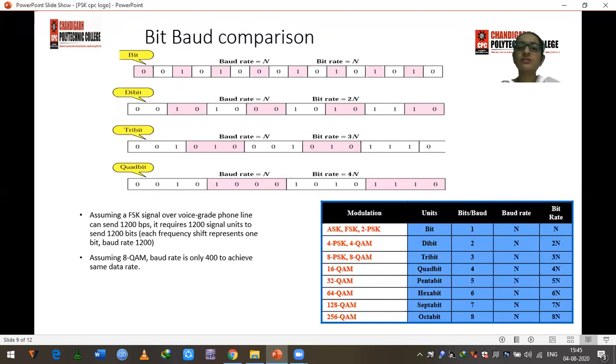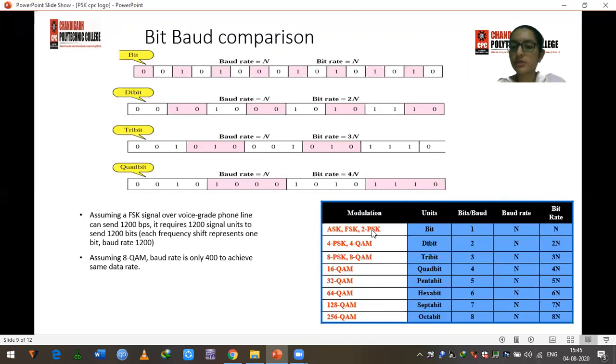Assume the FSK signal over a voice grade phone line can send 1200 bps. It requires 1200 signal units to send 1200 bits, and each frequency shift represents one bit, so the baud rate is 1200. In the modulation schemes, the units are given on your screen.